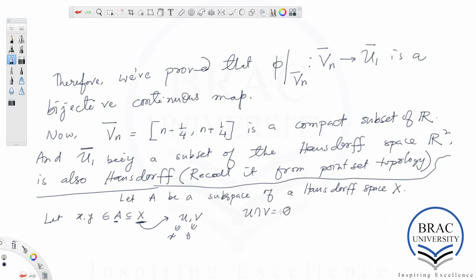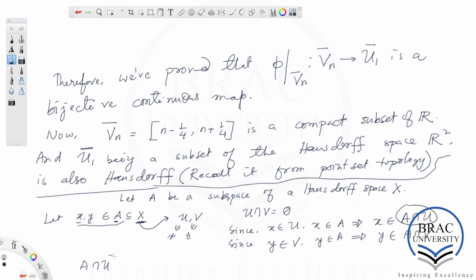Now, since x is in U and also x is in A, we have x belonging to A intersected with U. Also, since y is in V and y is also in A, one has y belonging to A intersected with V. Now, what is A intersected with U intersected with A intersected with V?